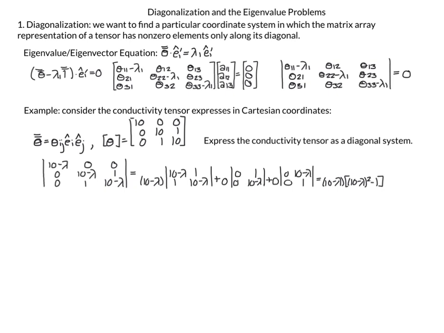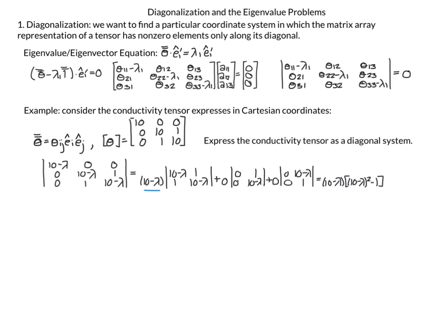Now I take the determinant. To take the determinant of a 3 by 3, first I'm going to keep this element as my coefficient. I'm going to cross out this element's row and column, and take the determinant of what's left. So I have 10 minus lambda, 1, 1, and 10 minus lambda.